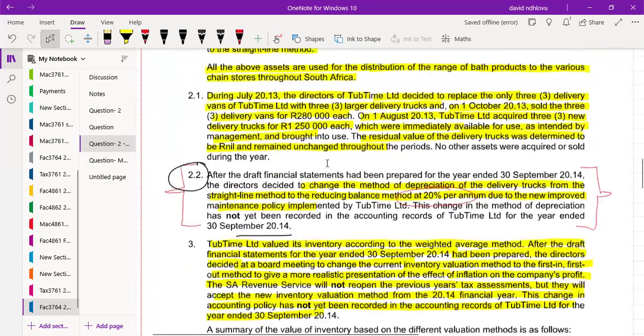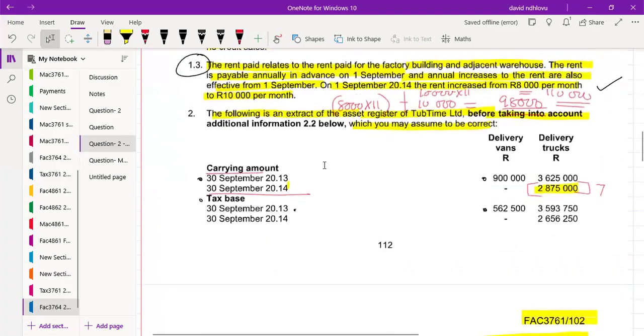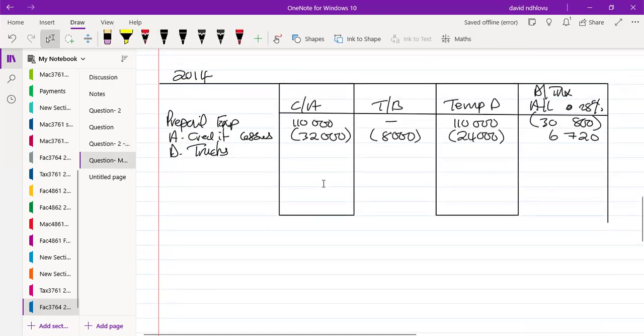So SARS will not be affected here. According to SARS, we will still maintain this value, which is the tax base at the end of the year, which is 2,656,250. The change is only in accounting.